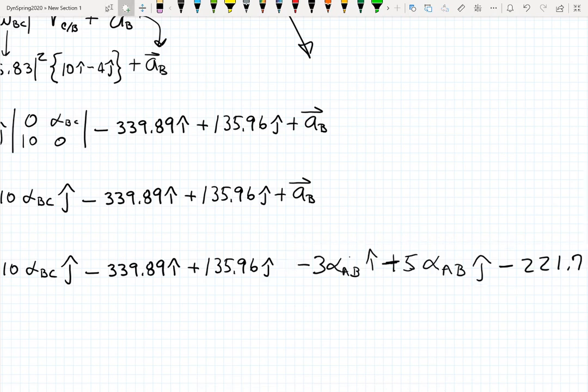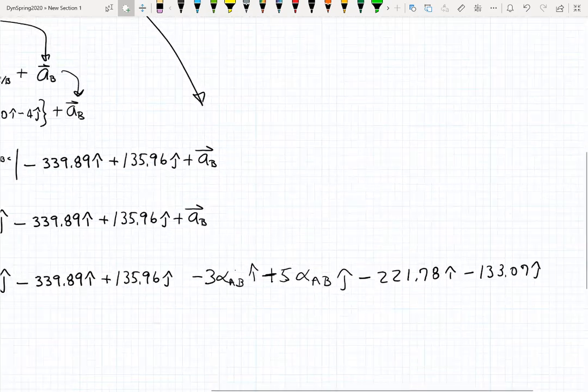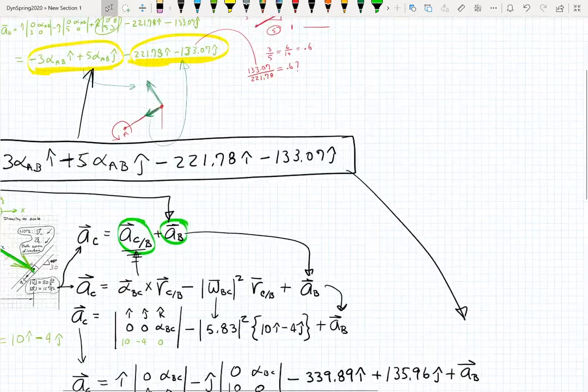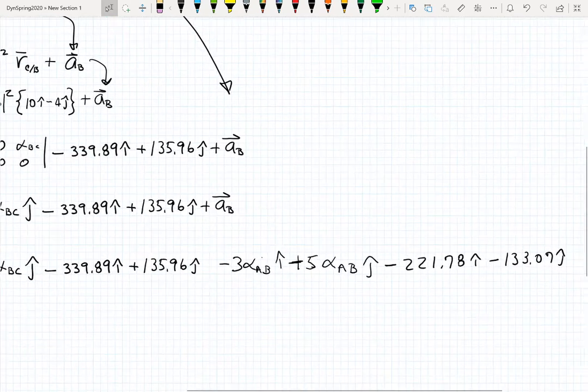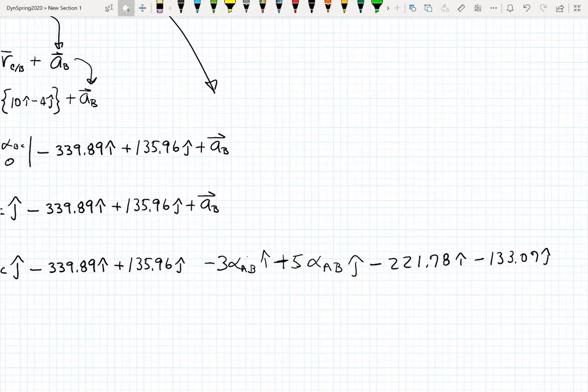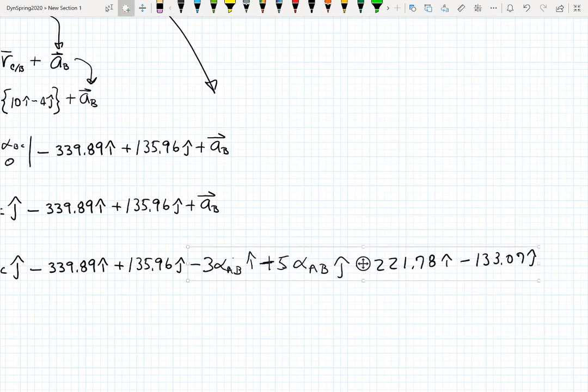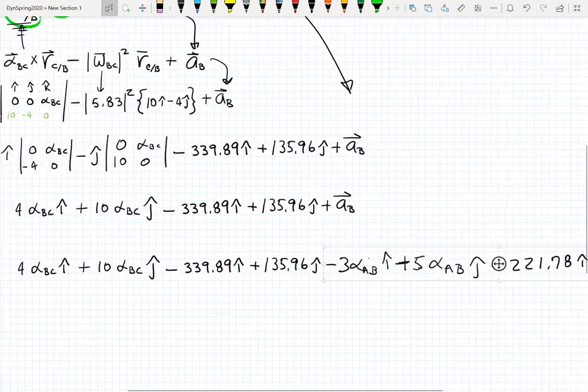There we go. So all I did is I went up, I grabbed the acceleration B, just copied the equation and dropped it there. I'll try to move it a little bit closer. Okay, so there's my terms.